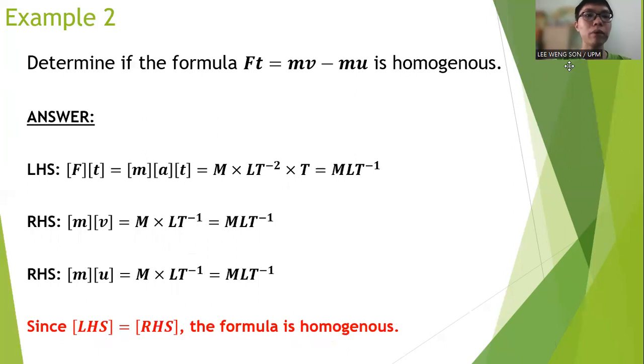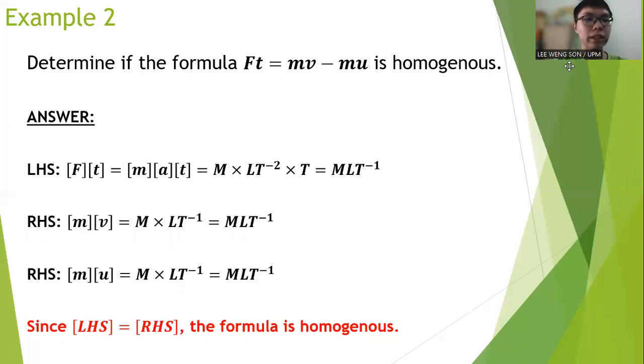The second example is determining whether the given formula is homogeneous. The formula given is Ft equals mv minus mu, and we are required to determine whether the formula is homogeneous or not. First, we have to take the dimensions on both sides of this equation. The left-hand side has dimensions MLT^-1.